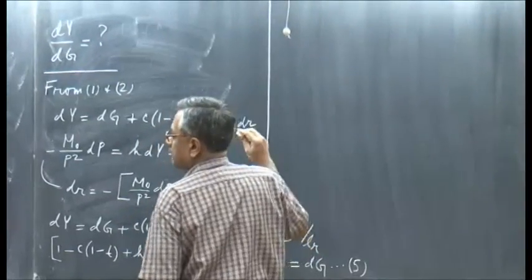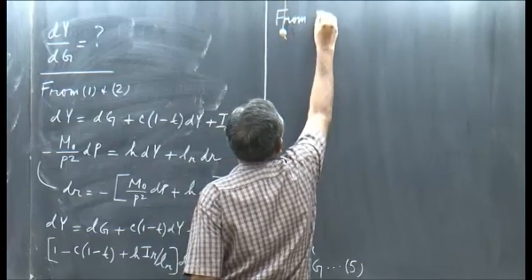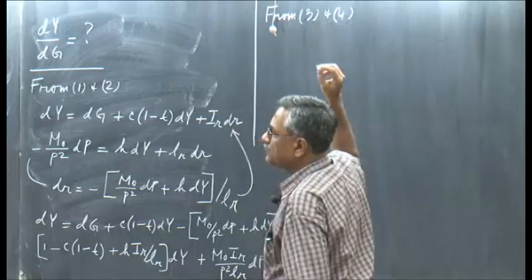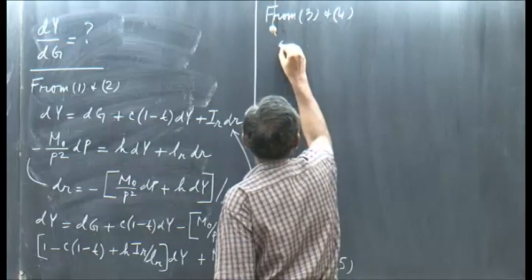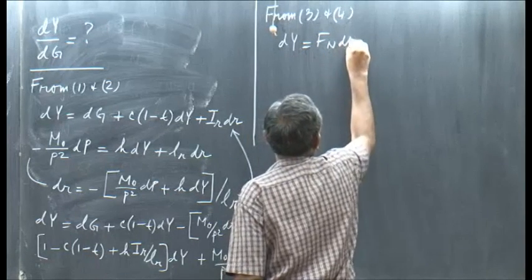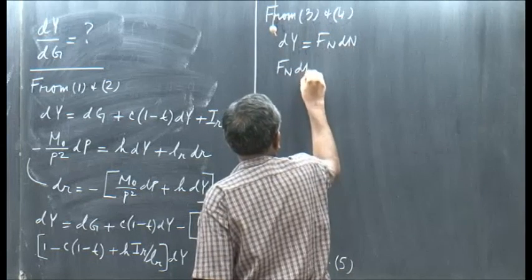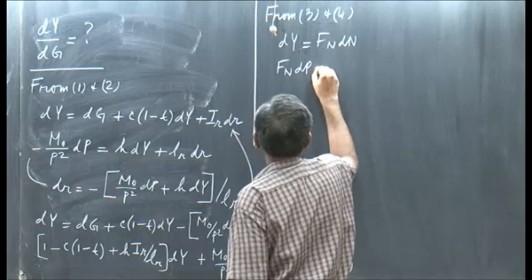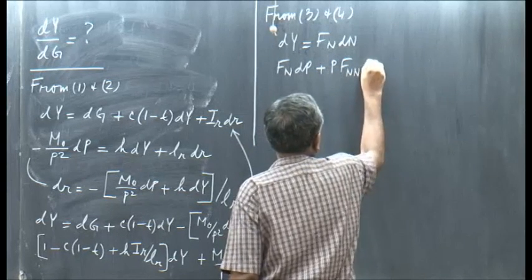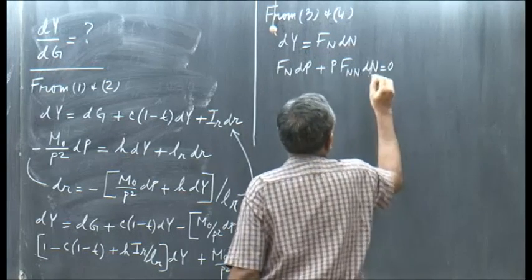Now from 3 and 4 we have dY is equal to f_N dN, and f_N dP, then plus P f_NN dN dP is equal to 0.